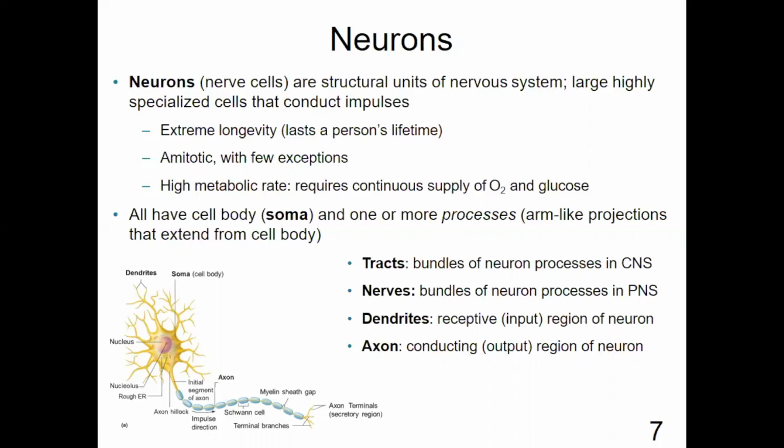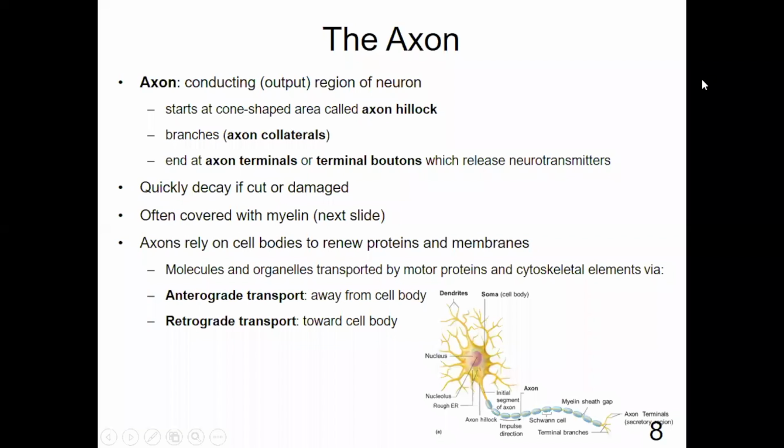Towards the bottom, you see the axon, which is the other main projection coming off of the cell body or soma. The axon is the conducting or output region of the neuron.